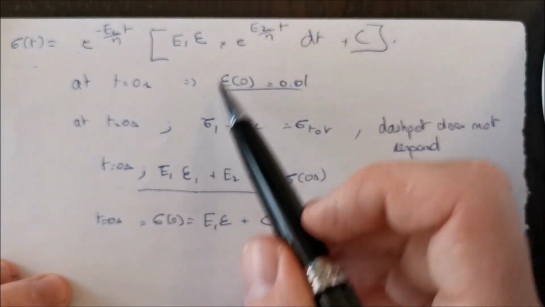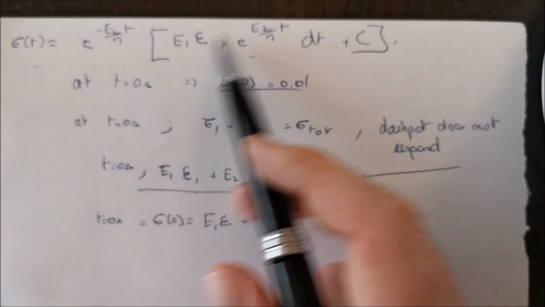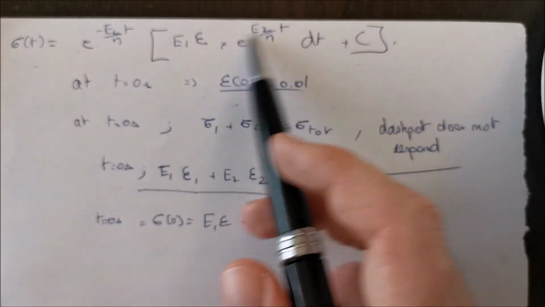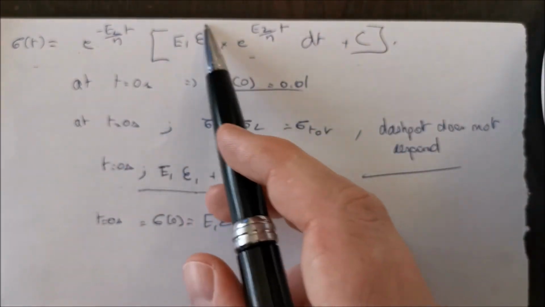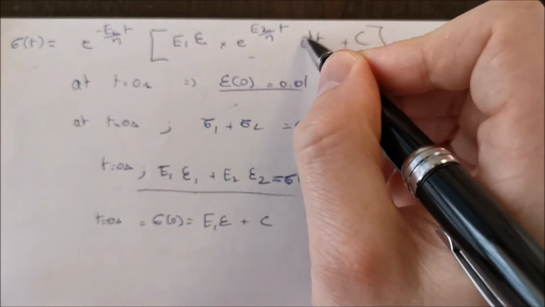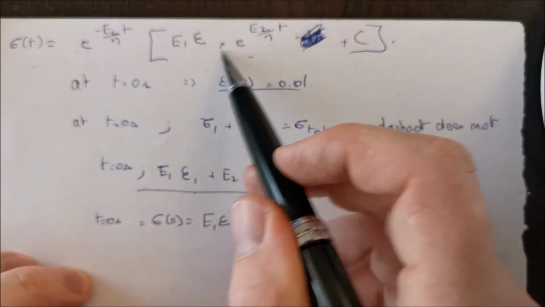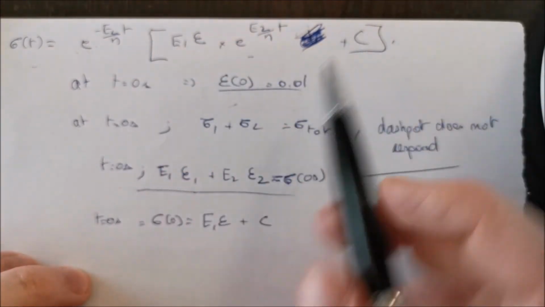Because this is equal to 1, this is equal to 1. So we will just have those two exponential terms disappearing. So we obtain E1 epsilon plus c. Okay, apologies for this, ignore dt here. This is just a mistake. So we just have this form with this one cancelling, E1 epsilon plus c.